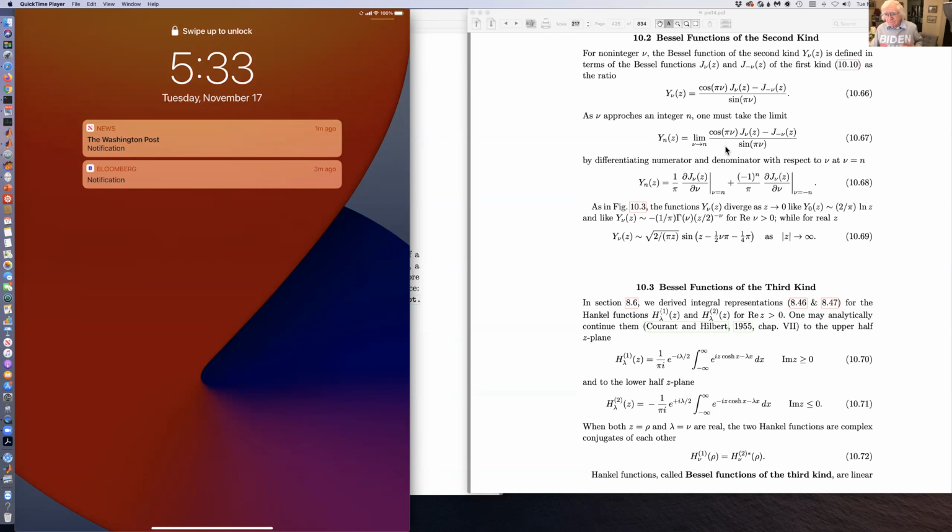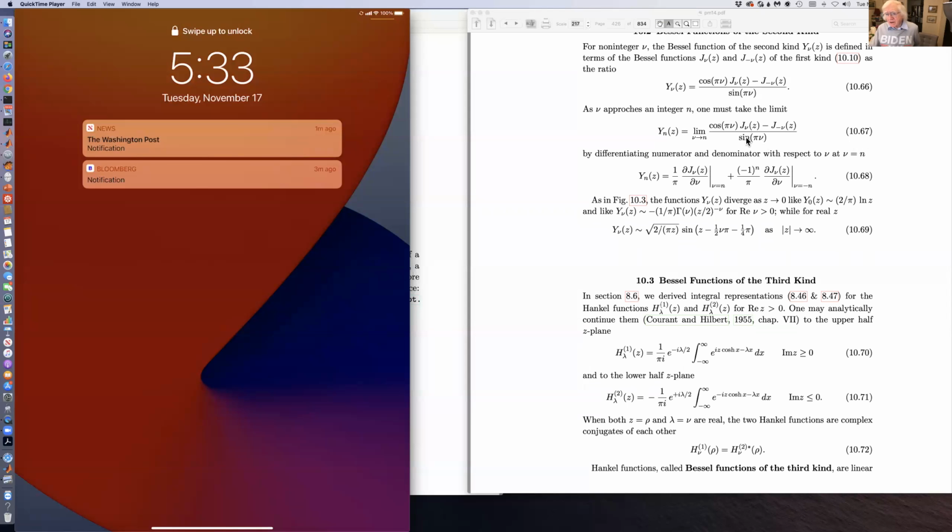So in other words, as nu goes to n, the denominator is 0 plus whatever the derivative is of sine pi nu with respect to nu, and the same thing, the numerator is 0 apart from, for nu minus n very small, this is proportional to the first derivative. And so then the nu minus n or n minus nu cancels between numerator and denominator.